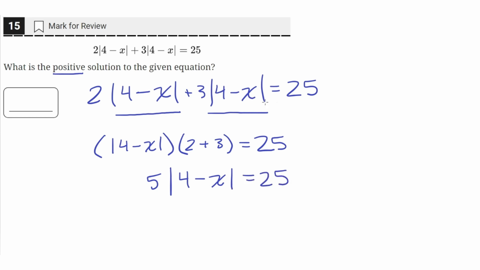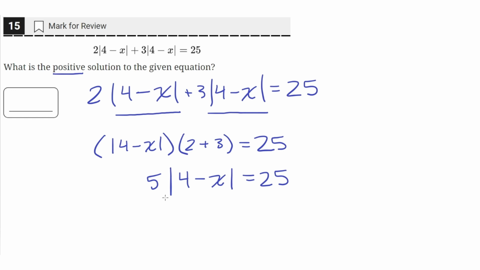You could have just skipped from this step to this line here by just adding them together as if they were like terms. Since both of these have this quantity, absolute value of 4 minus x, you can just add the coefficients together, kind of like adding like terms together.